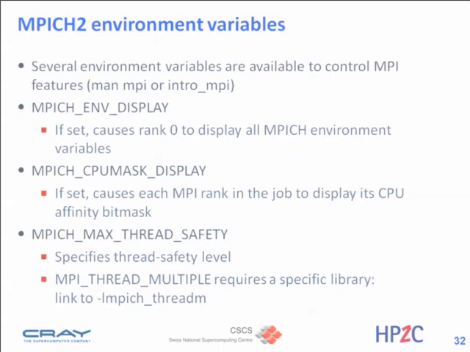If you set this MPICH CPU mask display, you cause each MPI rank to print at MPI init time information about which core that MPI rank is pinned to, which core that MPI rank is using. Again, if you have 100,000 MPI ranks, it may not be that useful to have 100,000 lines in your output.